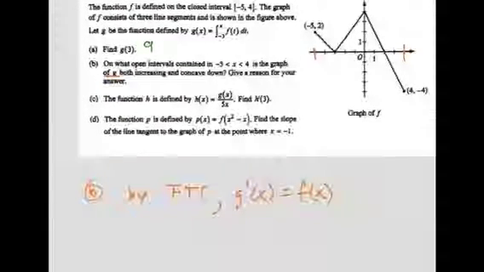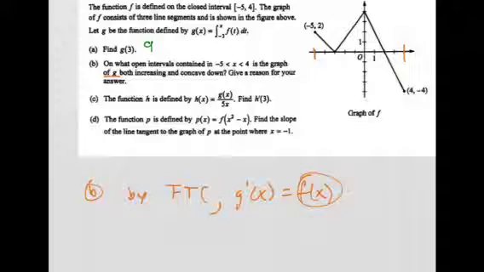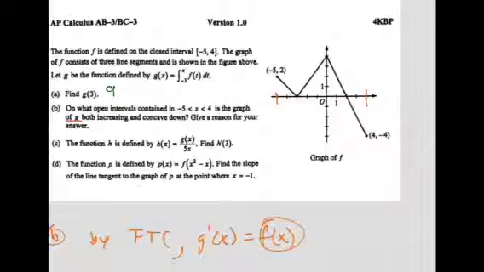So if we want to think about whether g is increasing or decreasing, all we have to do is look at f of x, which is given by our graph here.